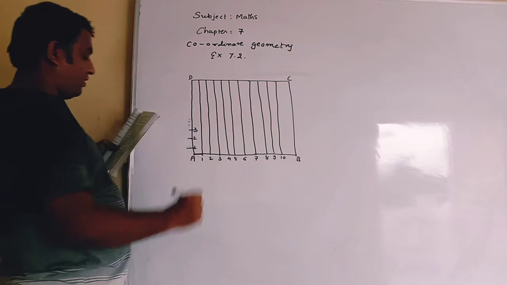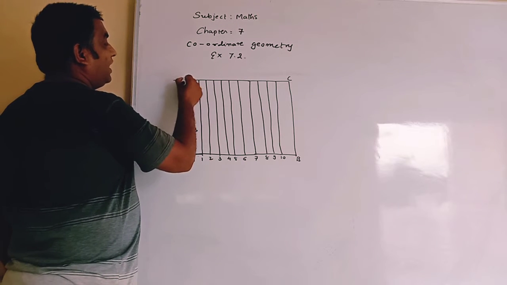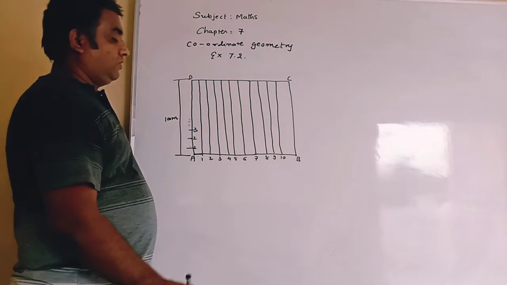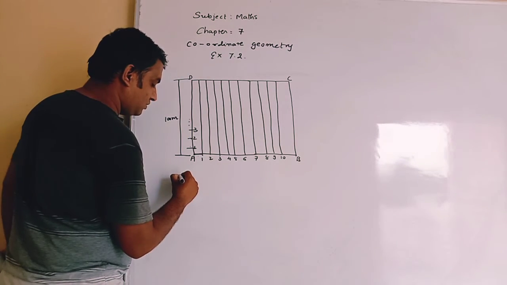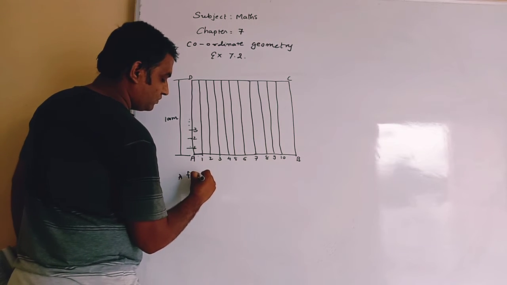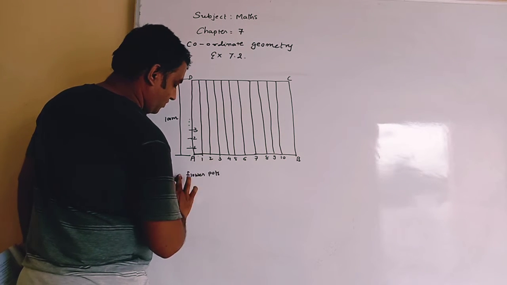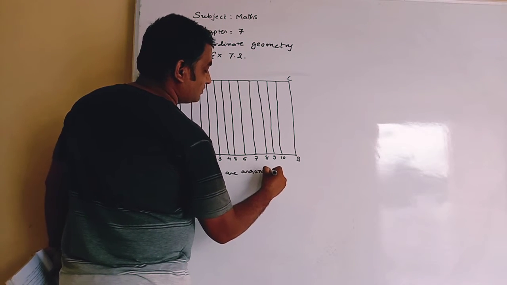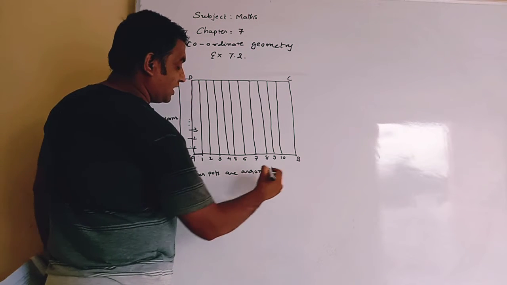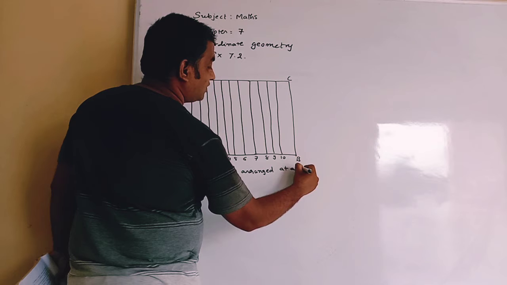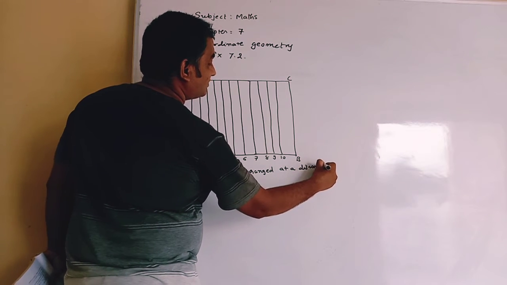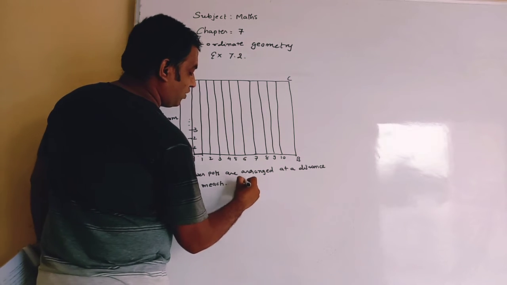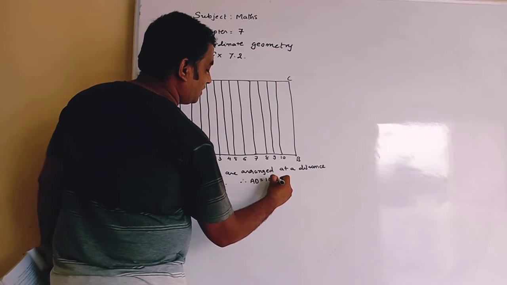So such 100 flower pots are there, and so AD length will be 100 meters. 100 flower pots are arranged with a distance of 1 meter each, and therefore AD equals 100 meter.